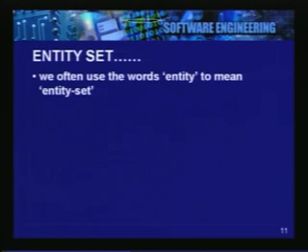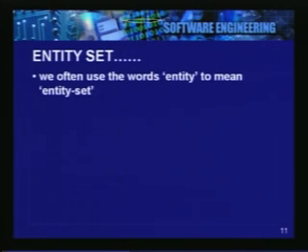We often use the word entity to mean the entity set. This is because when we are modeling, as I said earlier, we are not distinguishing different entities because their behavior is similar in a given entity set. So, we talk of student in general rather than talking about Ganesh in particular. Therefore, we use the word entity just to mean actually the entity set.